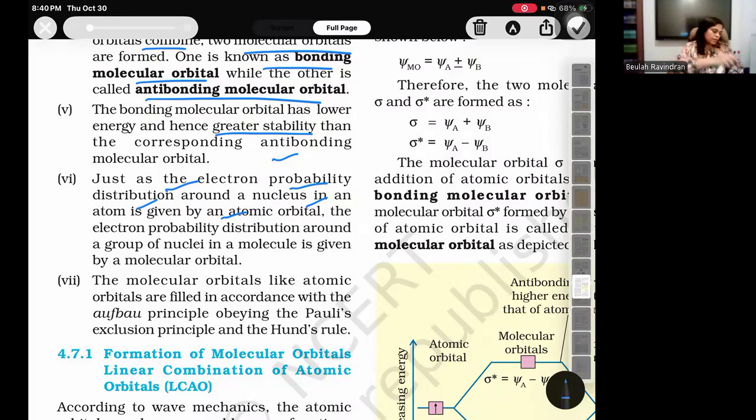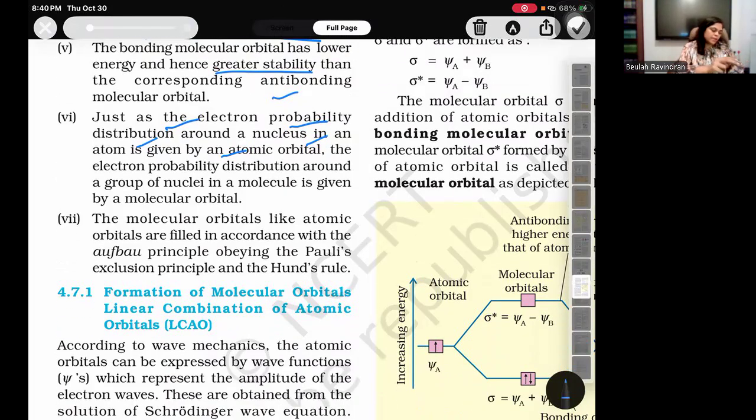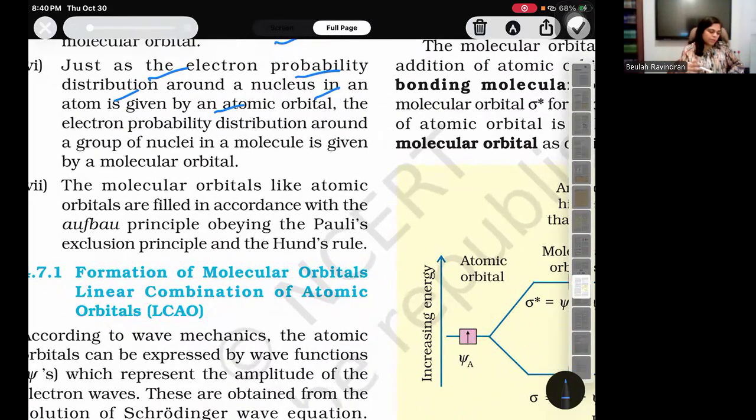Definitely, as I told you earlier, it always follows the Aufbau principle, Hund's rule, and Pauli's exclusion principle. What is the Aufbau principle? It explains that electrons are filled in the increasing order of energy levels.